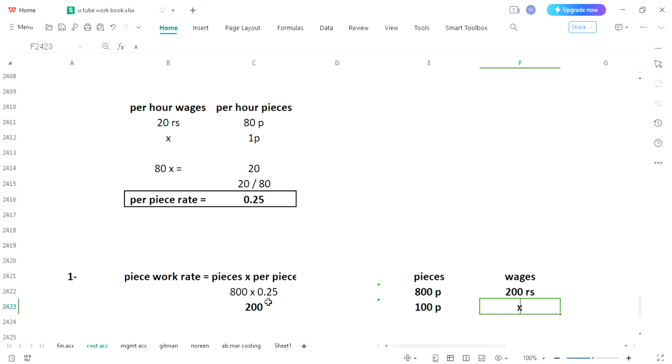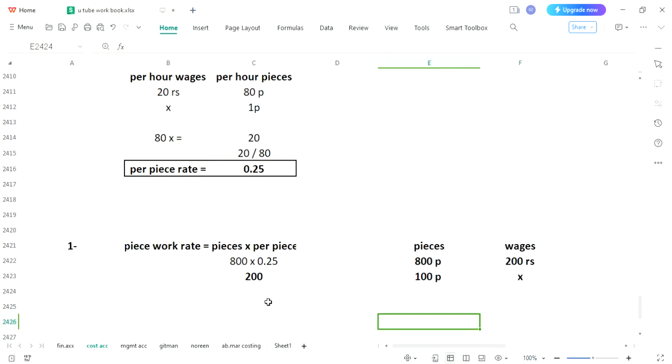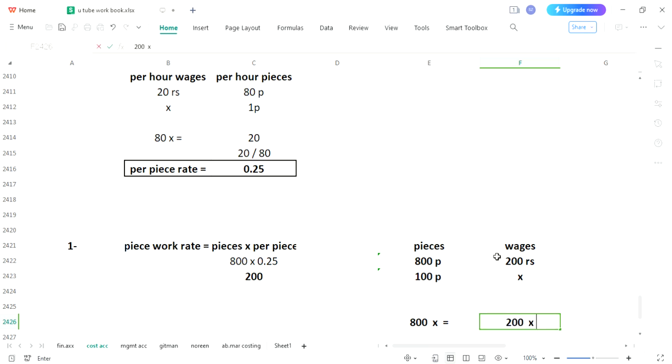Put x, and now we will simply cross multiply. X would be multiplied with 800, so we will get 800x, and on the right side 200 would be multiplied with 100.